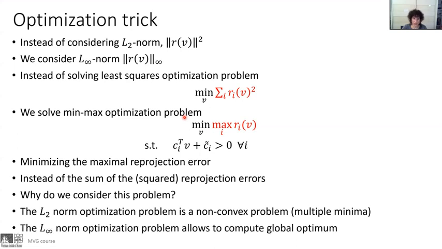The L infinity norm optimization problem is also not a convex problem. However, due to some characteristics, it's possible to compute the global optimum, and this is the reason. Okay, this is the idea. And we'll understand the scheme exactly, and everything will be clear later on.